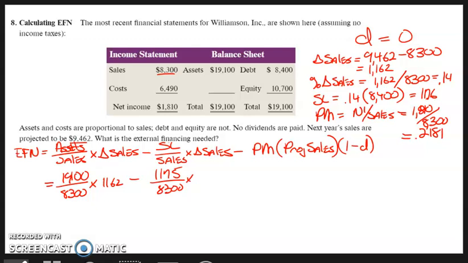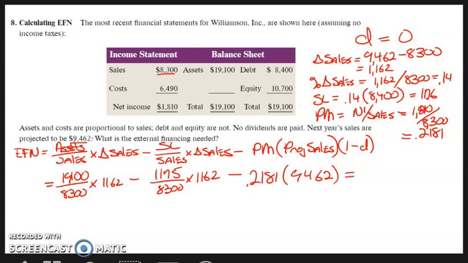And again, we multiply that by the change in sales, 1,162. Then our profit margin, 0.2181, and our projected sales, 9,462. Remember that this is just one here, so we can ignore that.